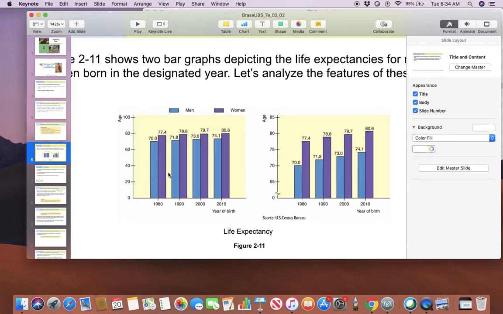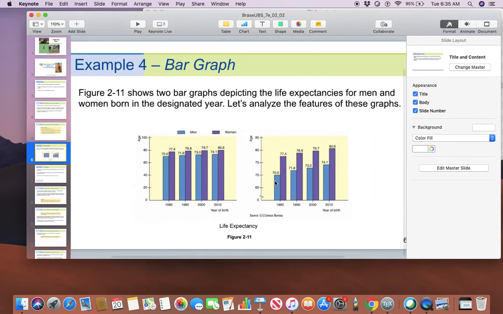You can notice that this looks taller than this. All you have done is, instead of going from 0, 20, 40, 60, 80, they have pushed that vertical scale a little bit to start from 65 onwards. So it's essentially the same graph, but once you change the scale, it looks slightly different.